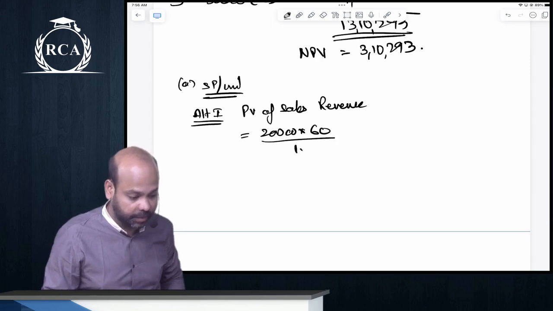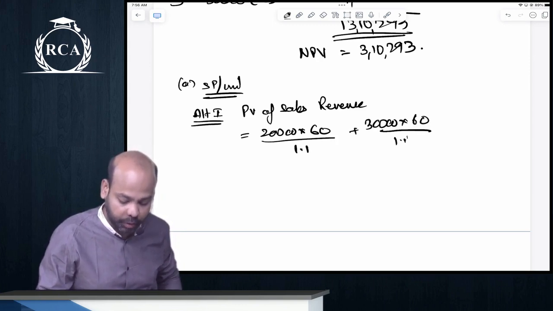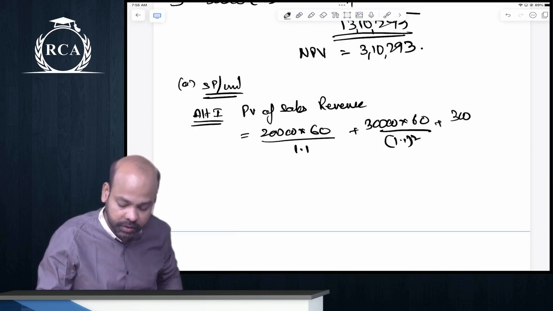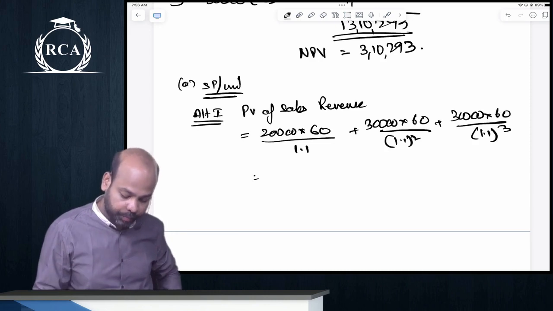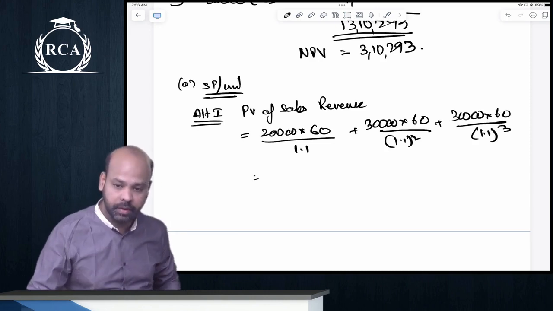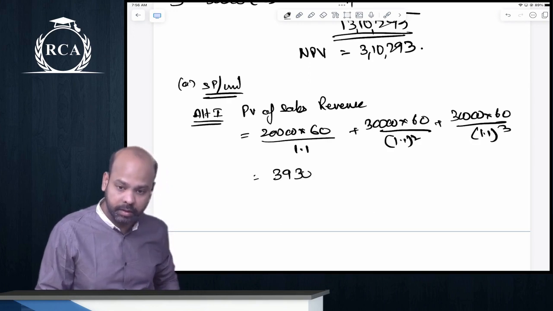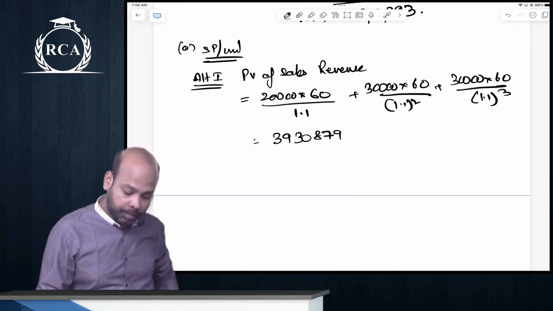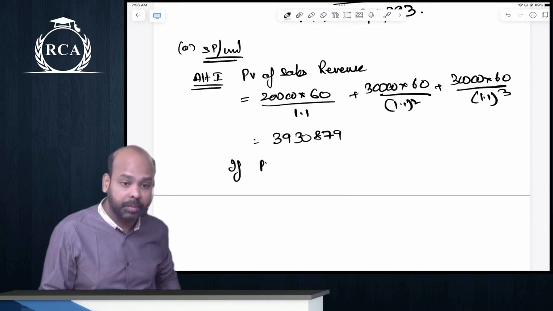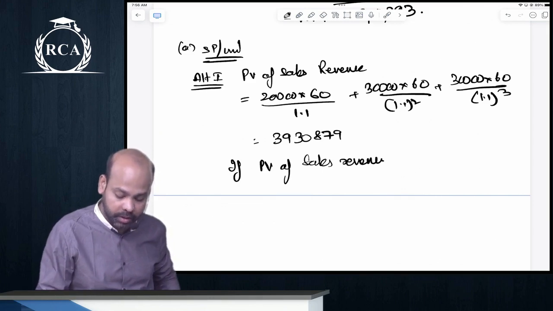Into 60 divided by 1.1. 30,000 units into 60 divided by 1.1 whole square. 30,000 into 60 divided by 1.1 whole cube. How much should it come to, beta? 39 lakhs 879.